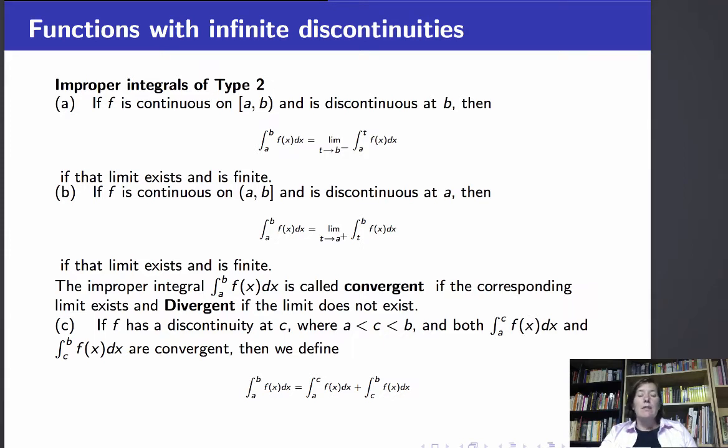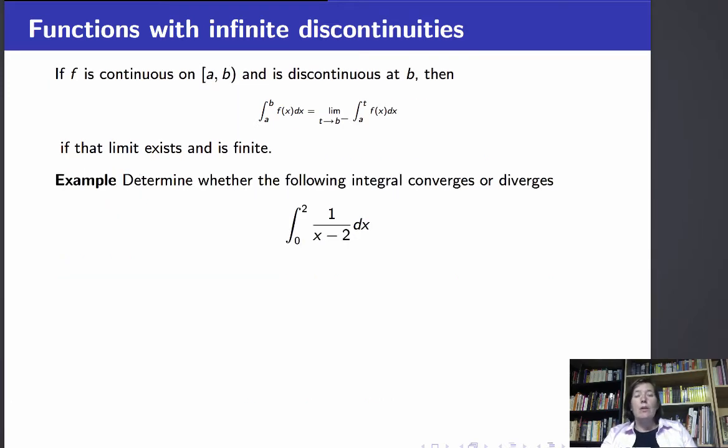Otherwise, we say that this integral from a to b of f of x dx is divergent. So if one of those integrals from a to c or c to b diverges, then the whole thing is divergent.